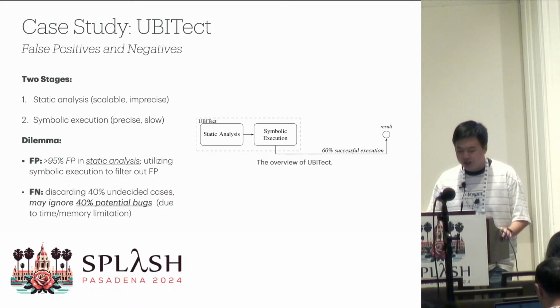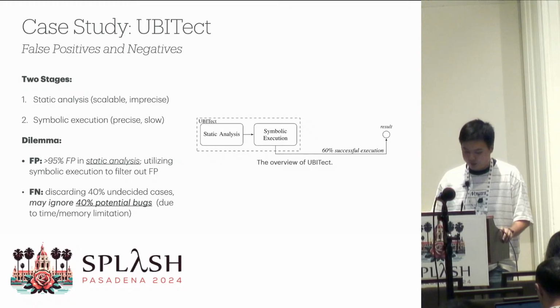However, symbolic execution is not perfect. It causes another big problem, false negatives. Symbolic execution can handle 60% of cases, and it discards 40% as undecided cases because of time or memory limitations. In other words, it may ignore 40% of potential bugs.